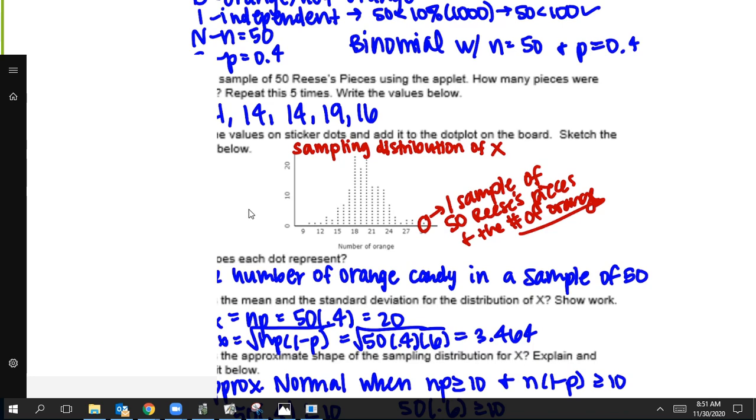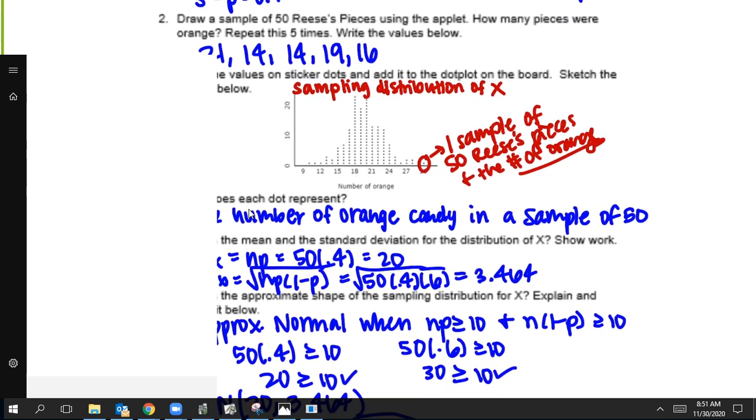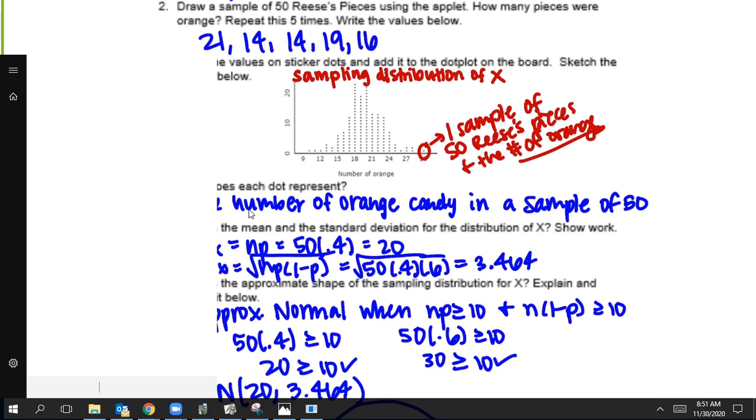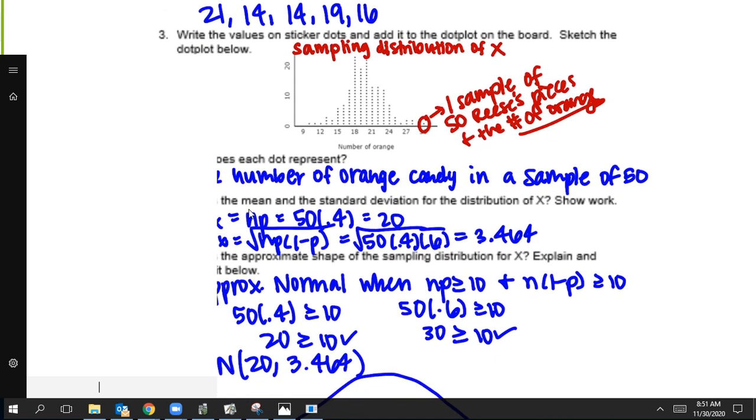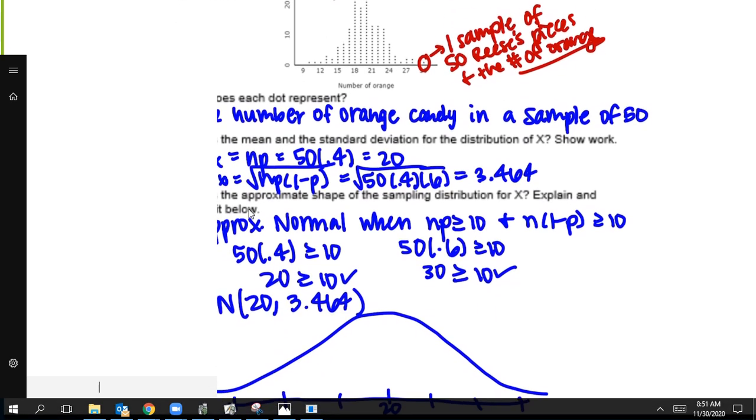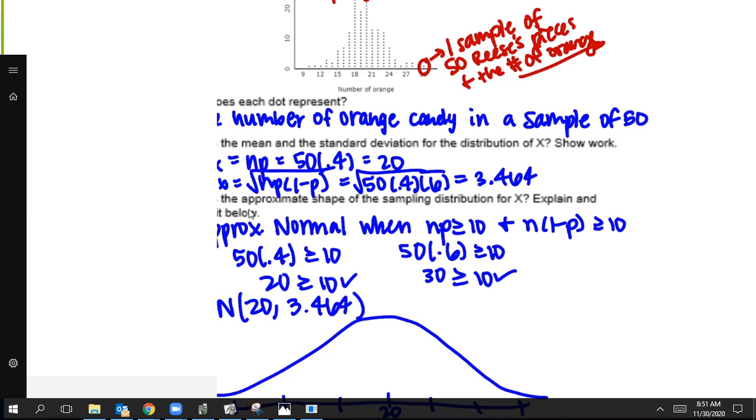And so we used this formula for the mean. Mu of X is N times P. Sigma of X for standard deviation is square root of NP(1 minus P). Those are binomial formulas. And then we use the large counts condition to check our shape.